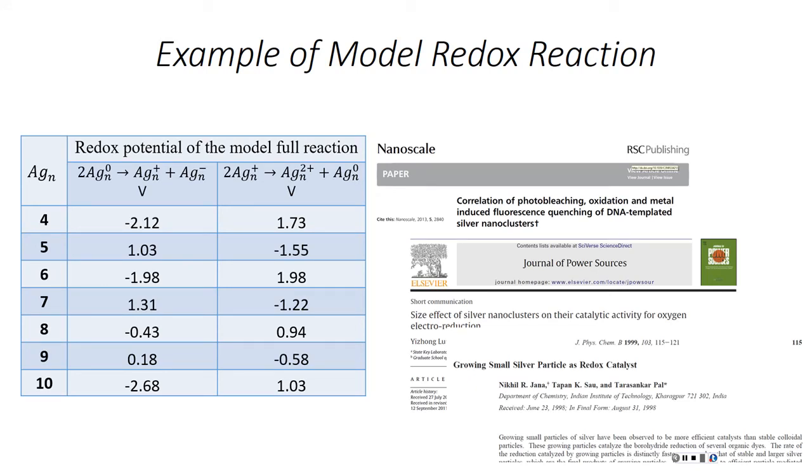So, the silver clusters do not form literal chemical bonds to your ligands. It is a coordination bond.